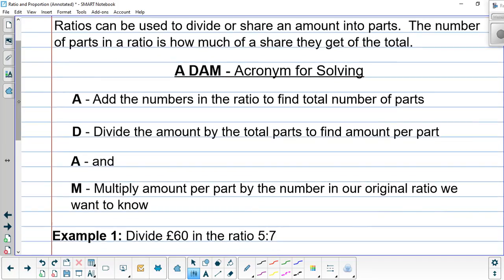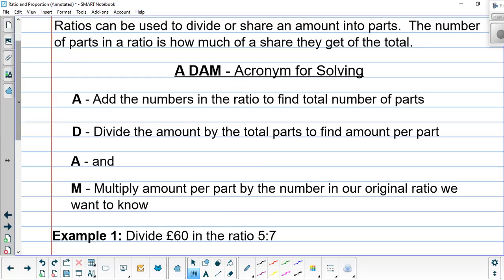So the acronym is: we add the numbers in the ratio to find our total number of parts. And we've done this before, right, when we were working with writing ratios to fractions. Then we have to divide the amount. So you'll be given this in the question. So it could be divide 50 pounds in a ratio of 1 to 3, kind of thing, right?